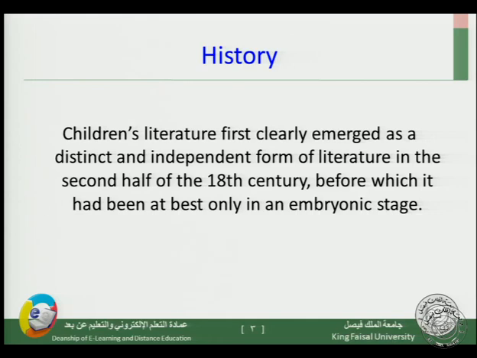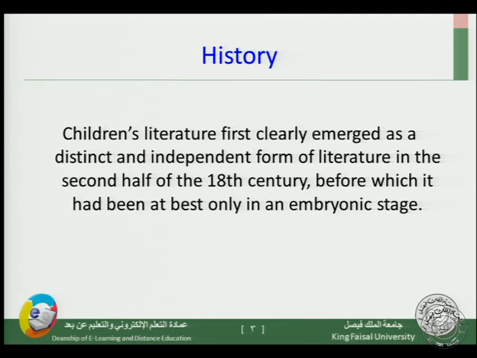Children's literature first clearly, that is to say, specifically, emerged, appeared as a distinct and independent form of literature in the second half of the 18th century. Which means that before the second half of the 18th century, there was children's literature, but it was not specific, it was not clear, it was not distinct.